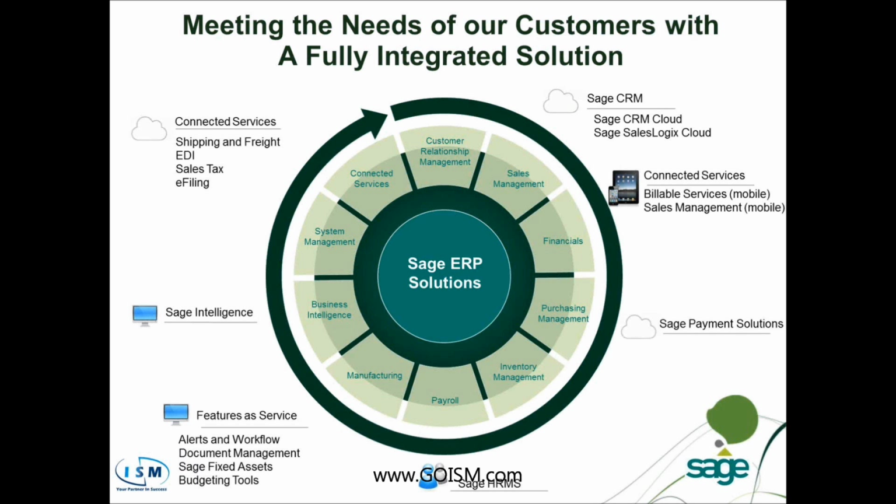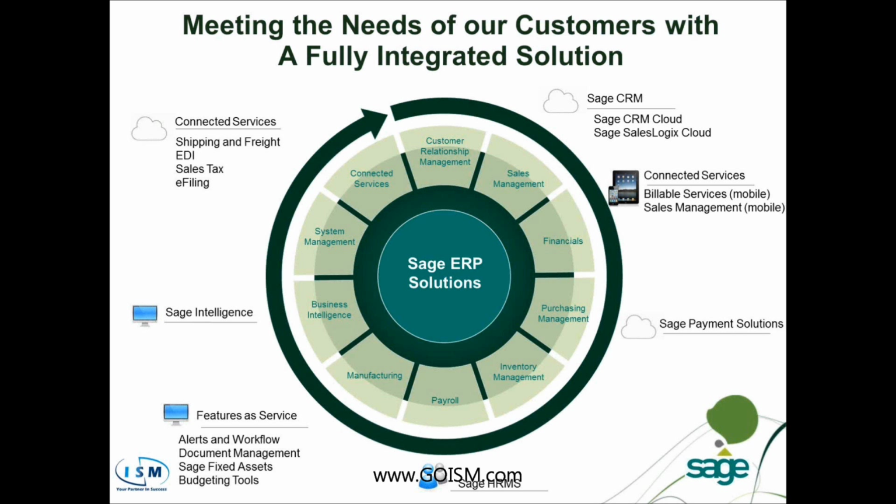Okay. Getting into the first slide, what I wanted to do is first talk about the Sage solution, or the ERP portfolio. I'm assuming most of the people, if not everybody on this call, are Sage 100 customers. Hopefully you find that the Sage 100 product really is a good application and does everything you need from what we call the back of the house.